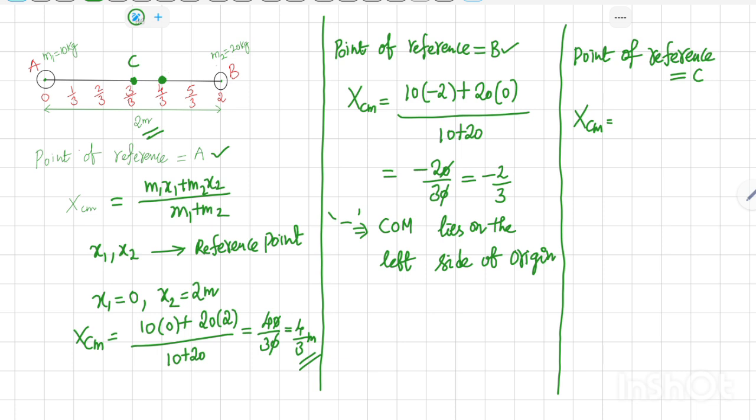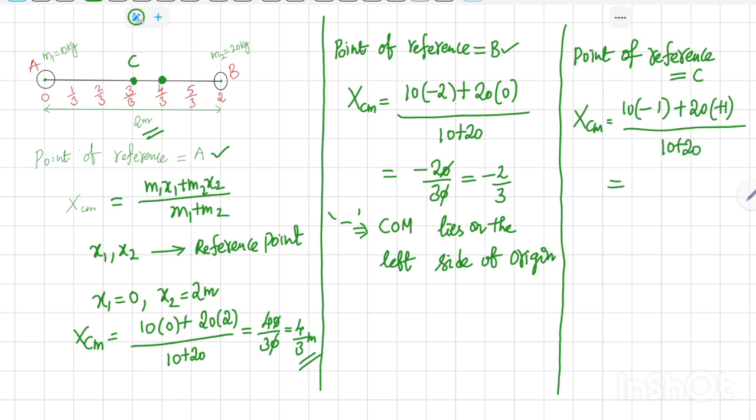Now, m1 is 10, so 10 into what is the distance from C to A? It is exactly at the midway between A and B. That's why the distance from C to A is 1 meter, and it is on the left side of C, therefore it is minus 1. Plus, I'm taking the distance to B from the reference point, and it is on the right side, and the distance is 1 meter, so 20 into plus 1, whole divided by 10 plus 20.